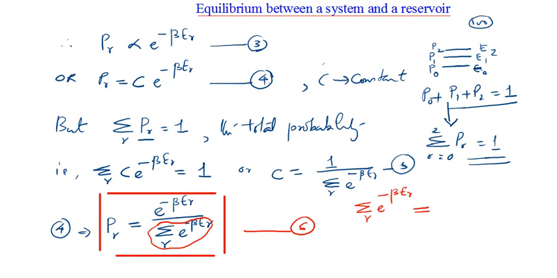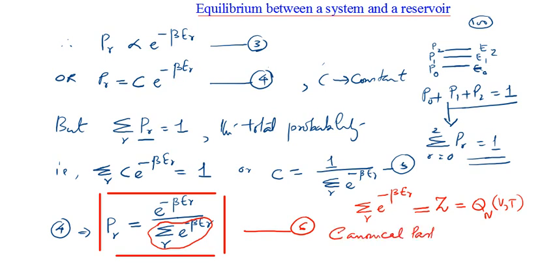It is usually represented by Z, or Patria prefers to call it Q_NVT, where Q is the symbol and NVT is a subscript. Q_NVT is called the canonical partition function.